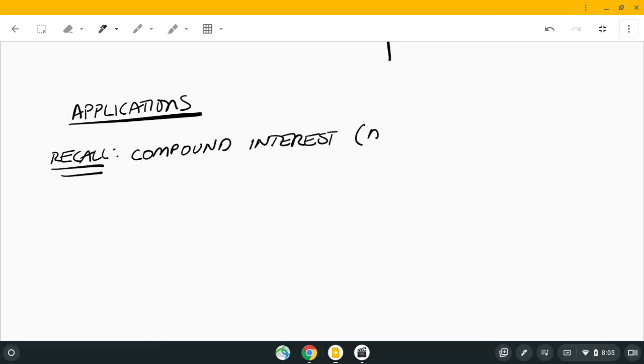And that was when it was being compounded like quarterly or monthly, n times per year, right? And we looked at that one problem where, same amount of money, same amount of time, but what happens when it's compounded annually, semi-annually, quarterly, monthly, and daily? And then we noticed that the more times it's being compounded, the more money we were making, right?